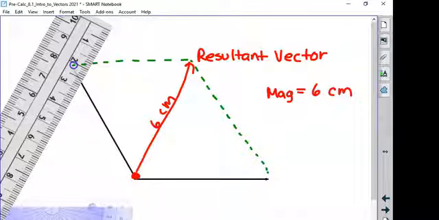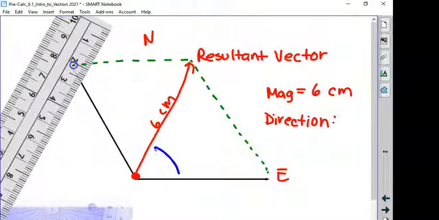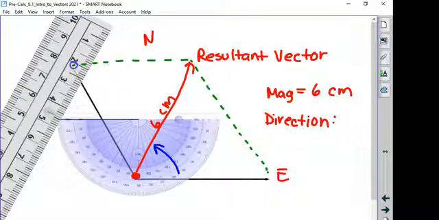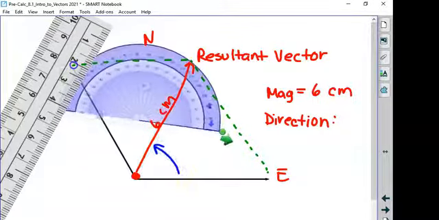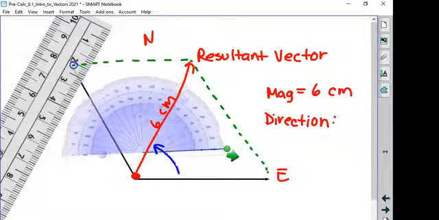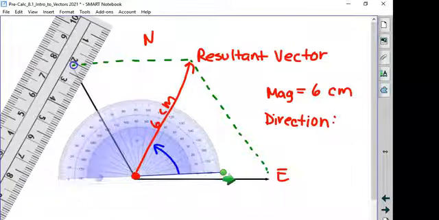And then the direction is, again, relative to 0. We could either say relative to 0, or if we want to call this east, we want to call this north, we can do that as well. How many degrees is this? So I can bring up my protractor, straighten it out.